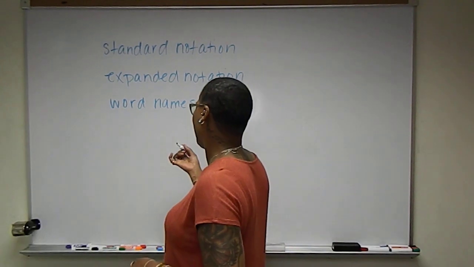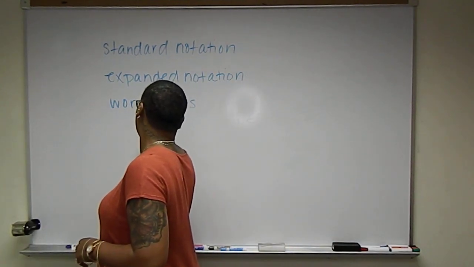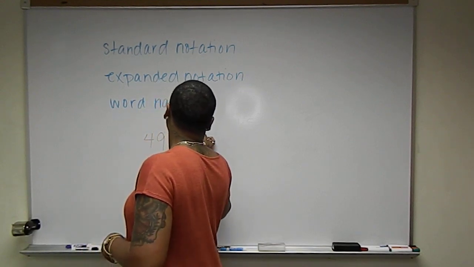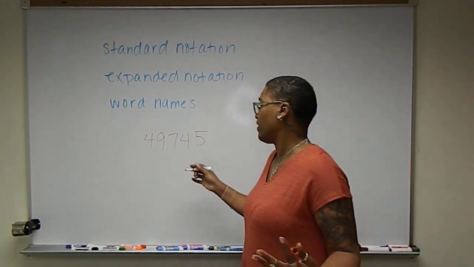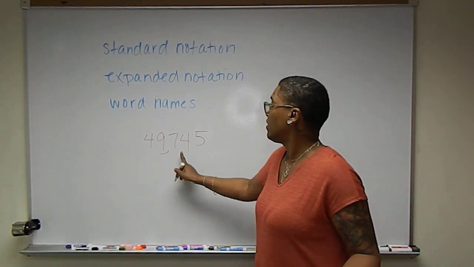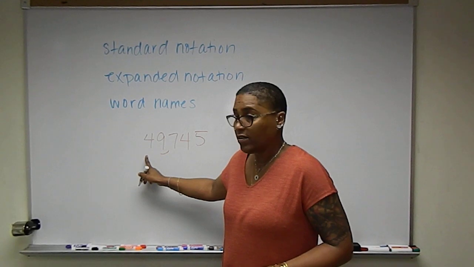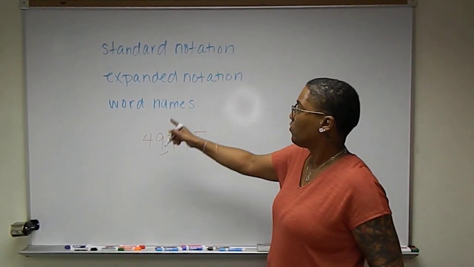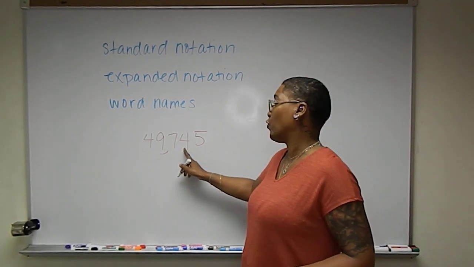Give me a good number. Let's say 49,745. We have ones, tens, hundreds, thousands, 10,000s. So in standard notation we have 49,745.